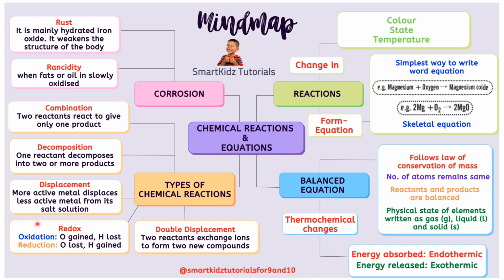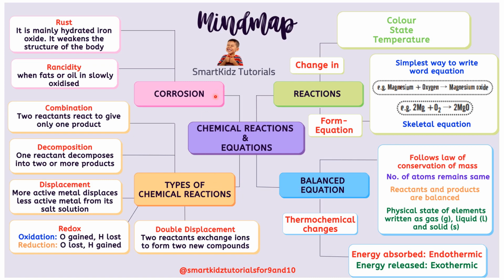So let's begin. There are four things that we look into when we begin this chapter. One is what are the reactions that happen chemically. Then we speak about balanced chemical equations. What are balanced chemical equations and why do we need to balance them? Then we'll speak about the types of chemical reactions, and there are five of them.